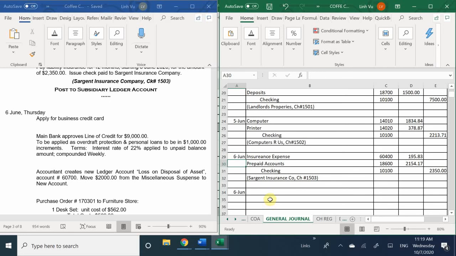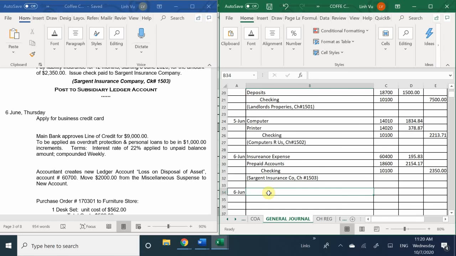Previous entries, there are, okay, I think, where was it, $2,000 from the miscellaneous expense? It is on June 4th. Okay, so we know where the money is, but how do you zero out an account?